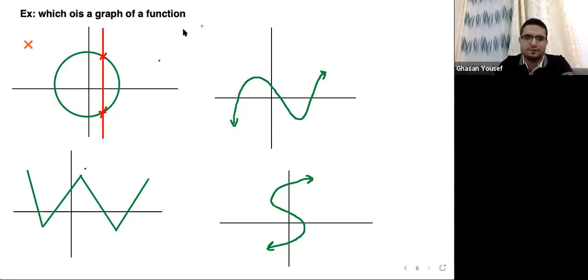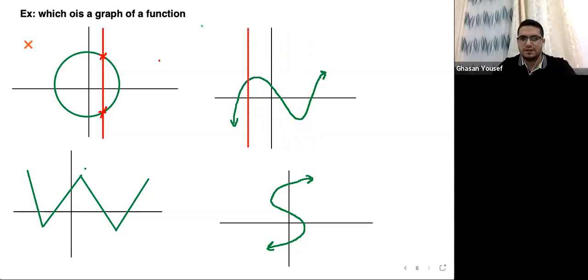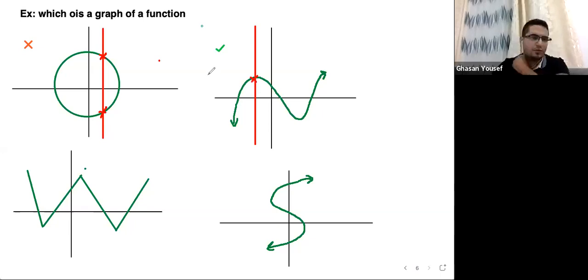For the second one here, does this curve represent a function? Yes, it's passing the vertical line test. So the answer is yes, it's representing a function, because the line passes the curve at only 1 point.